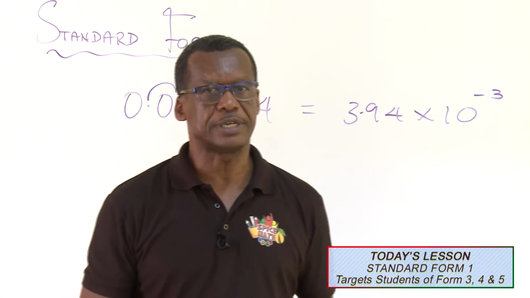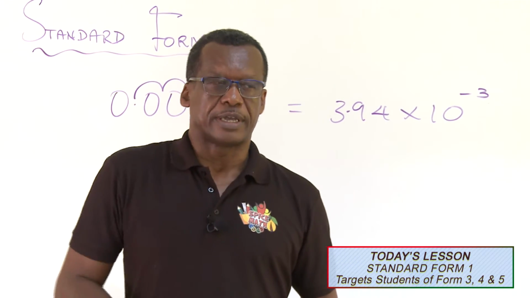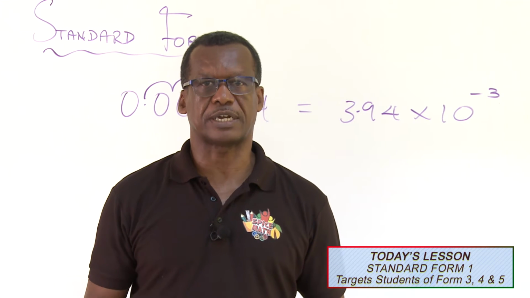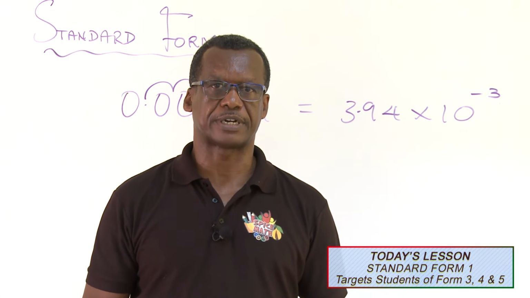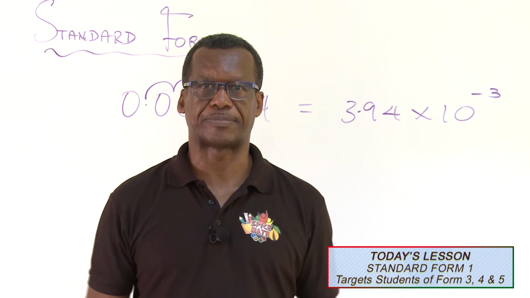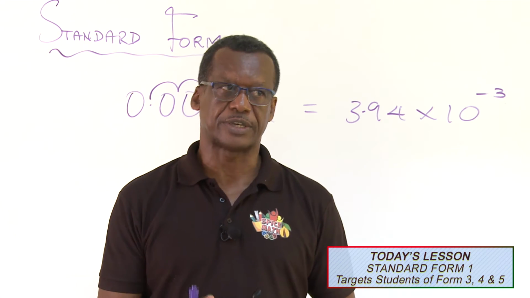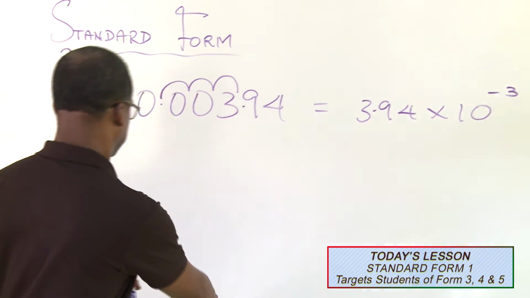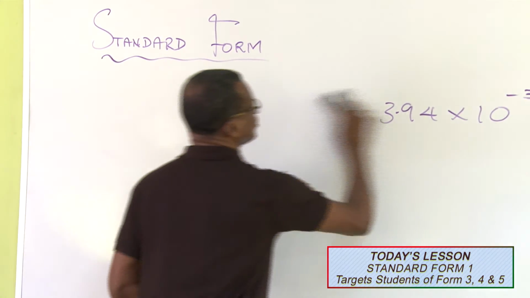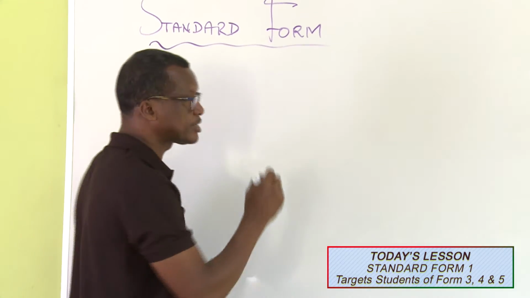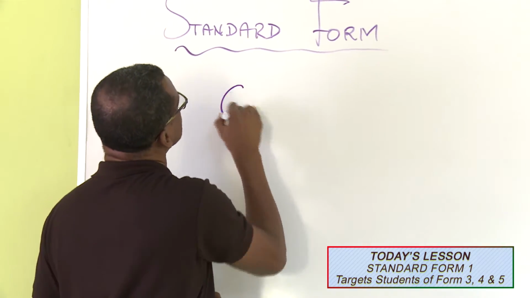We can therefore see that there is a pattern for converting a normal decimal number into standard form. And it's basically moving the point so that the first number would lie between greater than 1, but just less than 10.